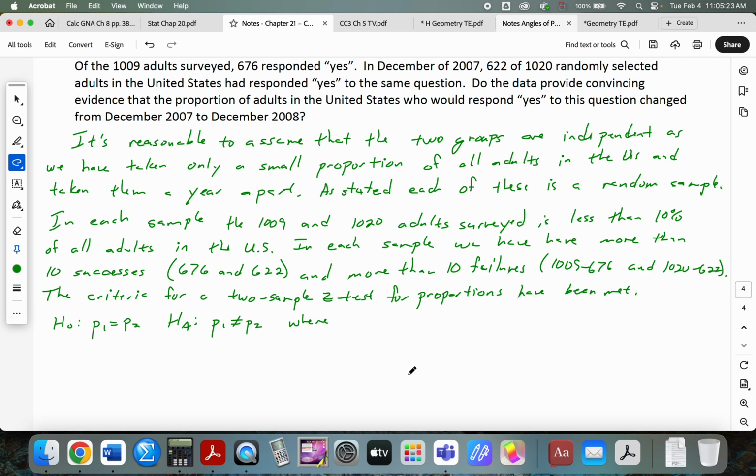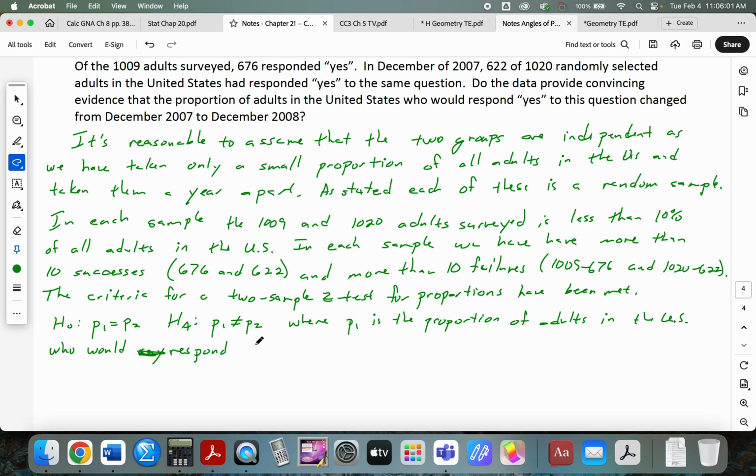That's one of the nice things about this, where P1 is the proportion of adults in the US who would respond yes to the question.